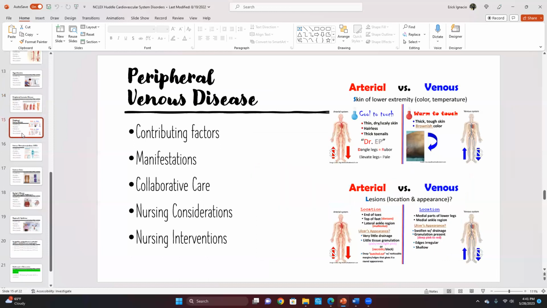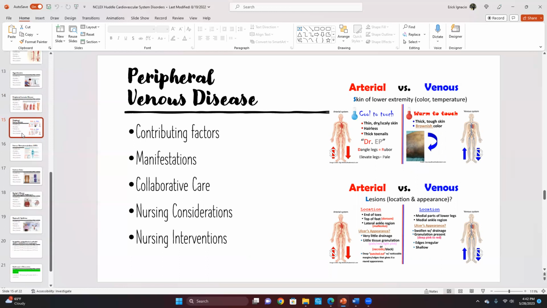So when we think about venous disease, think about the veins promoting blood flow back to the heart. Okay, and so when we think about peripheral venous disease, I'm afraid of venous insufficiency. I am concerned about varicose veins. I am concerned about venous thromboembolism, which can also include DVT, deep vein thrombosis.